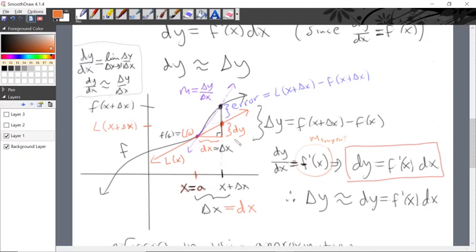Okay, and all this is really setting us up so that we can apply these processes in cases where it's actually very difficult or perhaps not even possible to find the actual y value of this point right here.